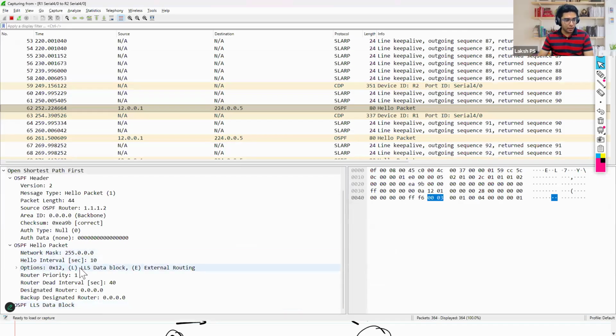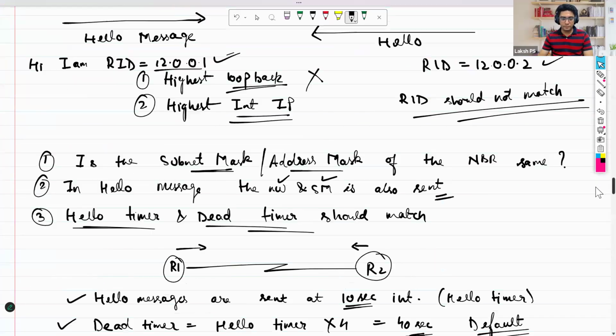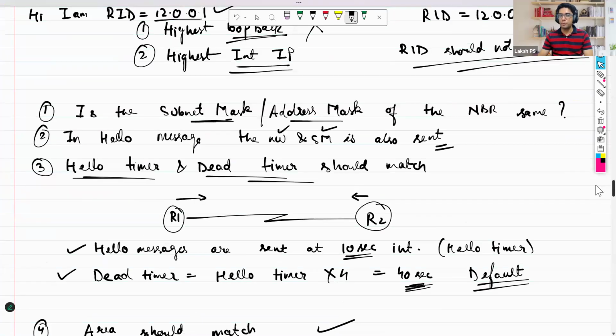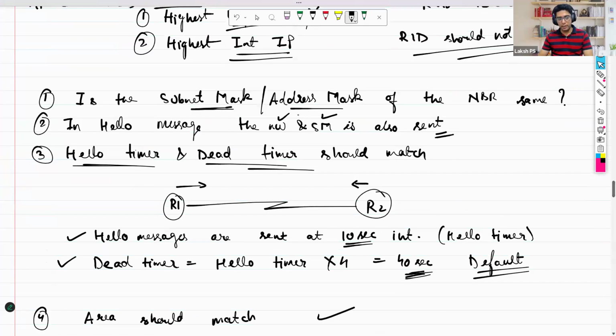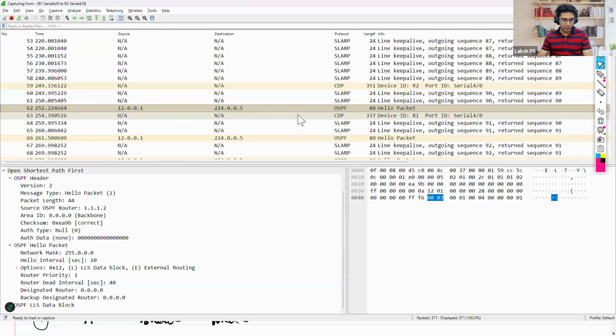So you can see here, hello interval that is 10 seconds and dead interval that is 40 seconds. That is also sent. And they should match. Your hello timer, dead timer, your area, your subnet masks, your address masks, they should match.